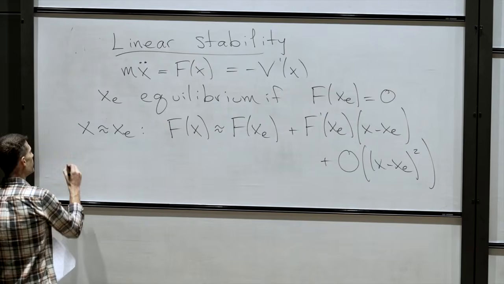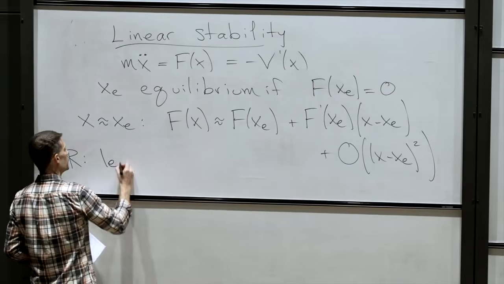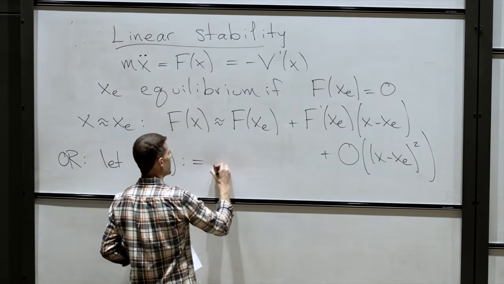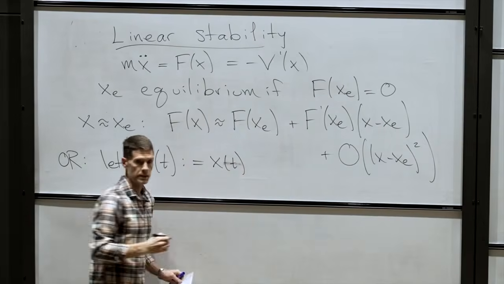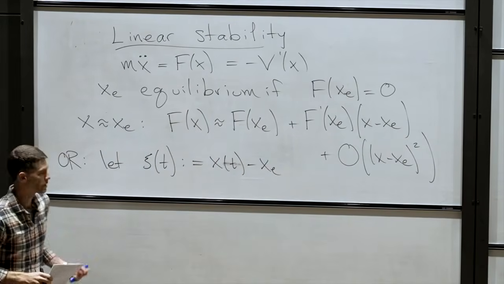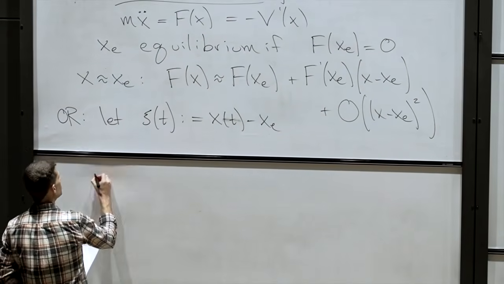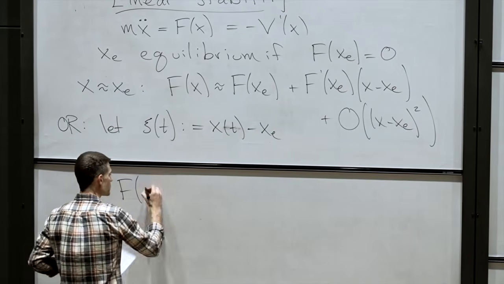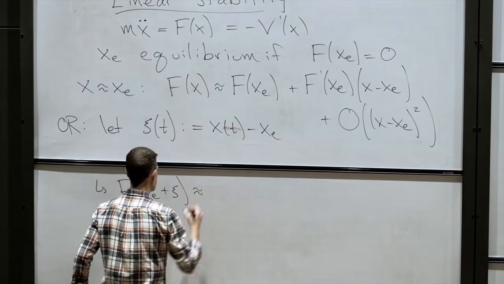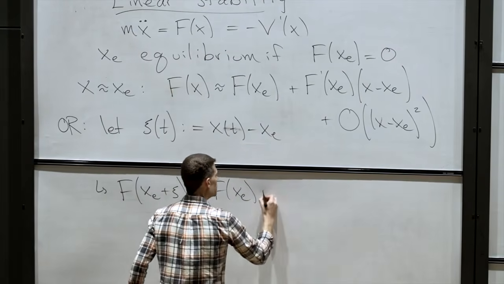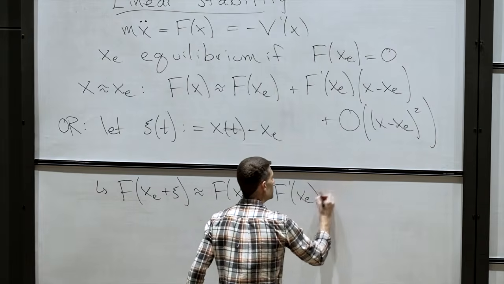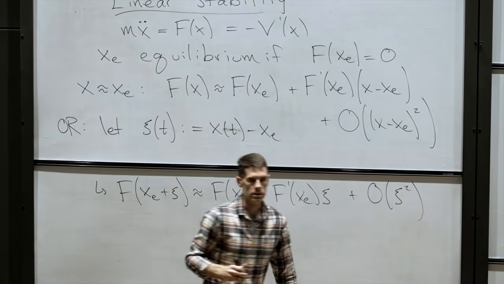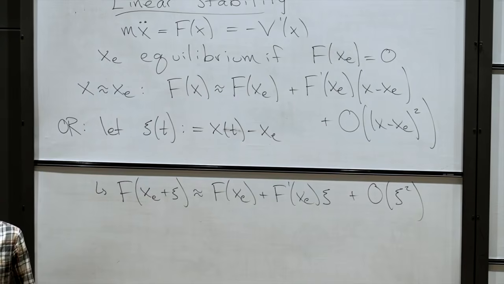Just another way to rewrite that: if I let psi of t be the difference between x of t and xe, which is not a function of t, just a constant, then that equation becomes f of x, which is xe plus psi, is approximately f of xe plus f prime of xe times psi, plus things that are smaller than or the same size as psi squared.